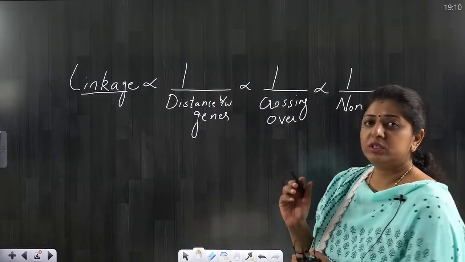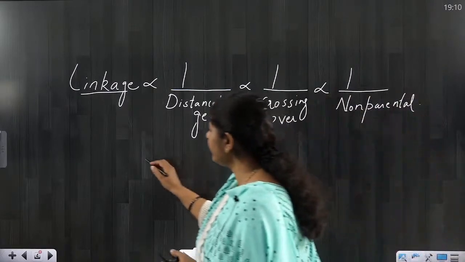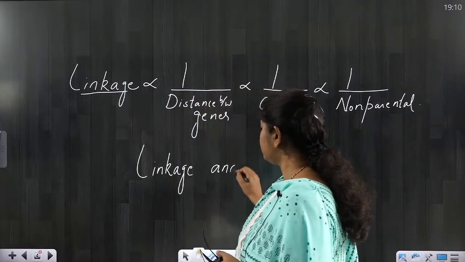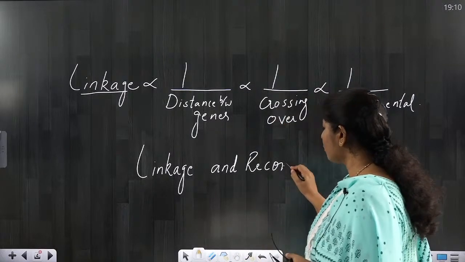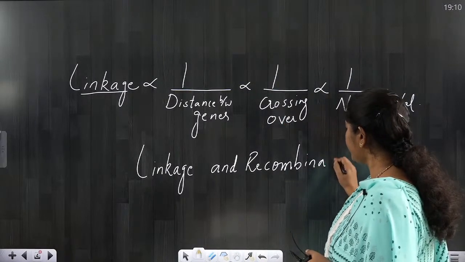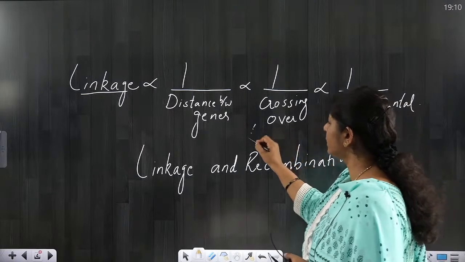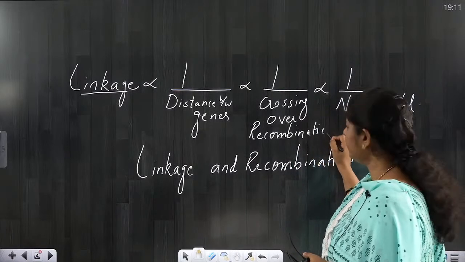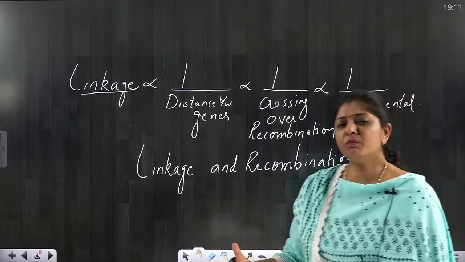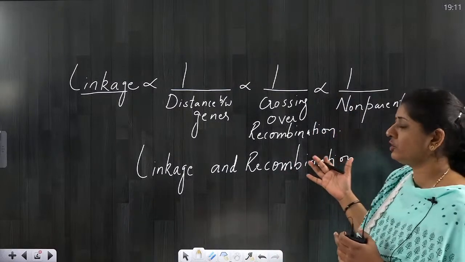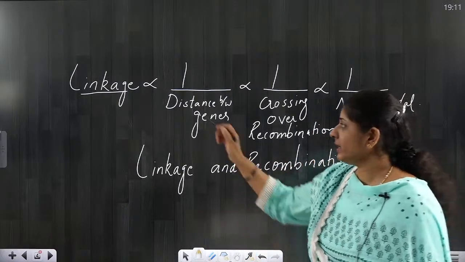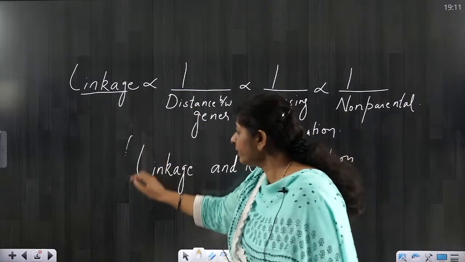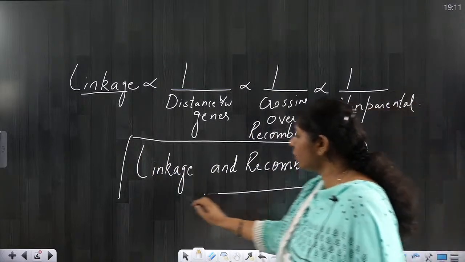Now let's talk about the great scientist who introduced the term linkage and recombination. This crossing over, you can call gene recombination. So if I ask you how linkage and recombination are interrelated, they are inversely proportional to each other. Fine. Now who introduced the terms linkage and recombination?